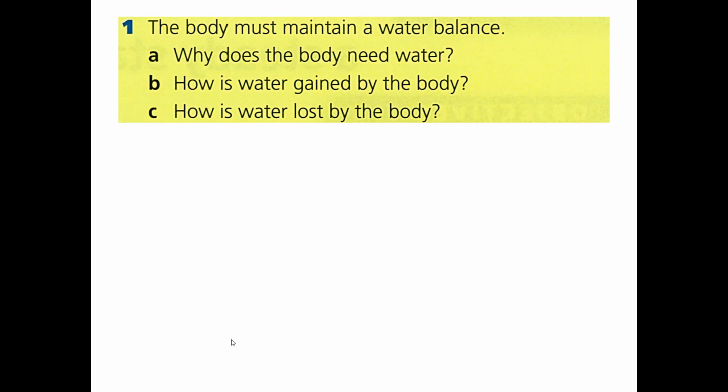Or in another way, how does our body get water? Through food and drink. C. How is water lost by the body? How do we lose water from our body? In urine, sweat, and in exhaled breath.